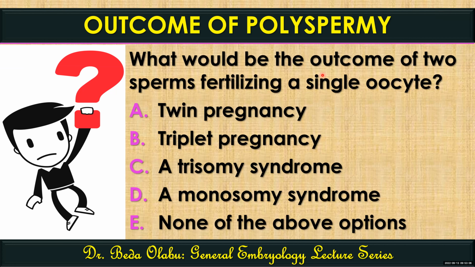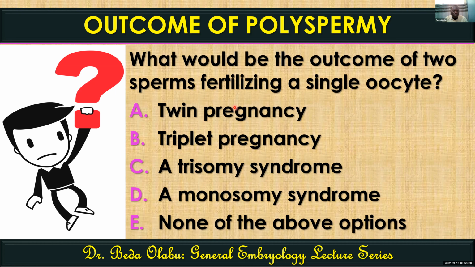So it will be 23 times 3. And that would be 69. 69, yes. So 69 is not a twin, neither is it a triplet, neither is it a trisomy.